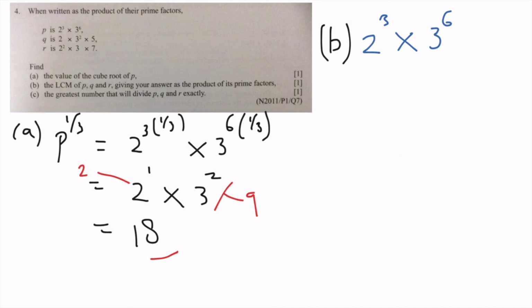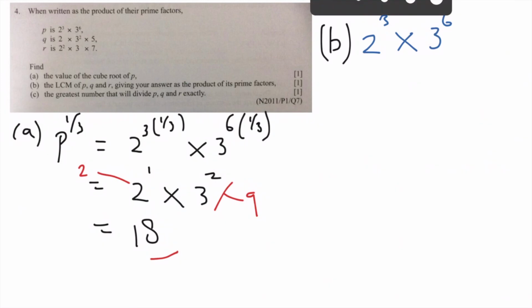Because 3 to the power of 6 will be divisible by P, Q, and R. Obviously 3 to the power of 6 is divisible by 3 to the power of 6, and also by 3 to the power of 2. 3 to the power of 6 divided by 3 to the power of 2, you get 3 to the power of 4, right? And it is also obviously divisible by 3. That is why we put 3 to the power of 6. Anything lesser, for example 3 squared, will not be divisible by 3 to the power of 6.